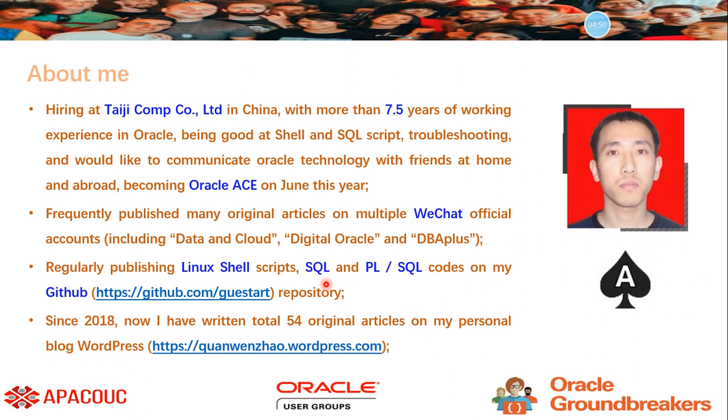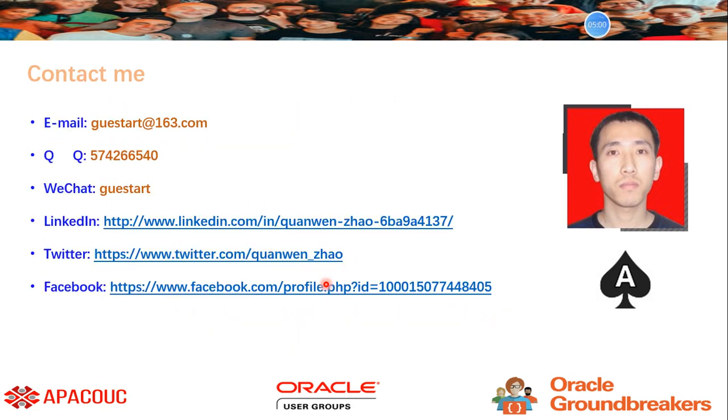Fortunately, so far there are 54 blog notes on it. You can contact me by the first 3 methods in China and the latter 3 ways in other countries all around the world. They are my email, QQ, WeChat, LinkedIn, Twitter, and Facebook.